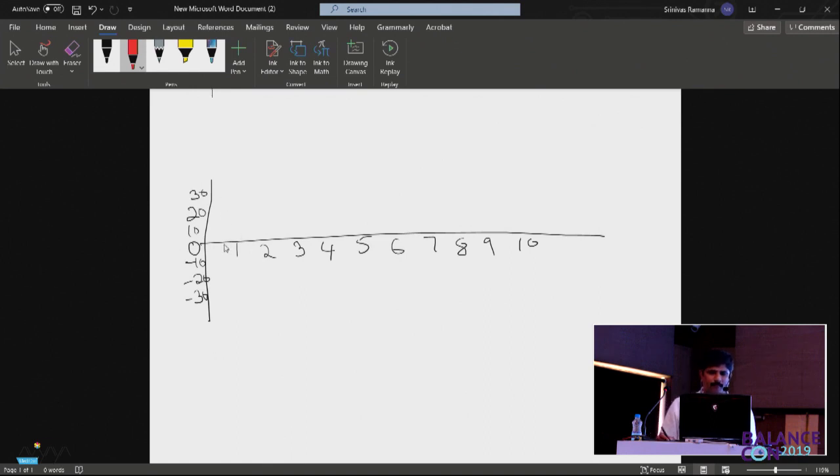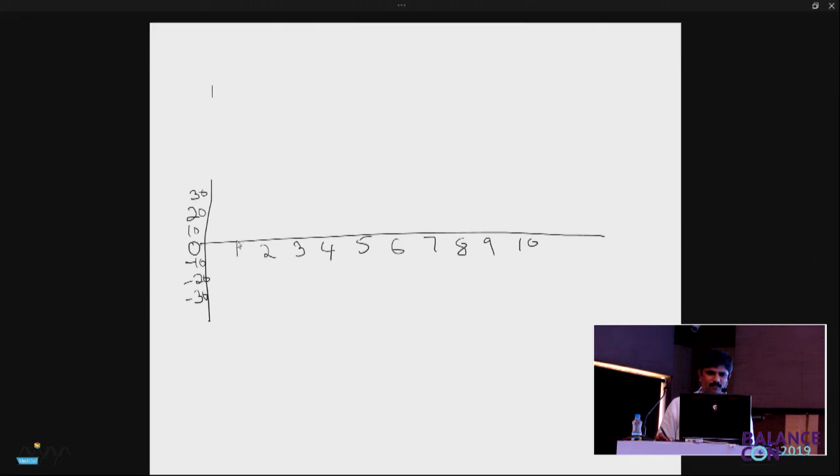Now, if I draw a trace like this, what does this mean? The eye has moved to the right side. Now, if I draw a trace like this, what does this mean? The eye has moved to the left side.